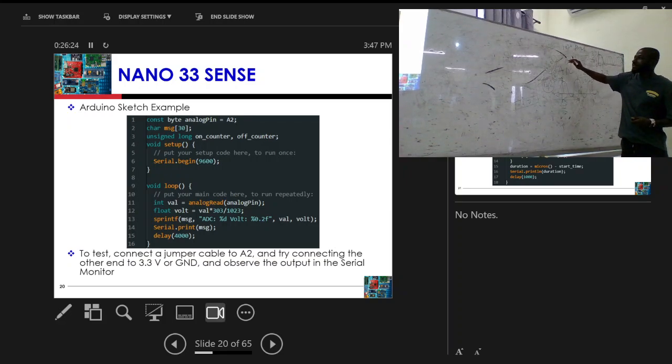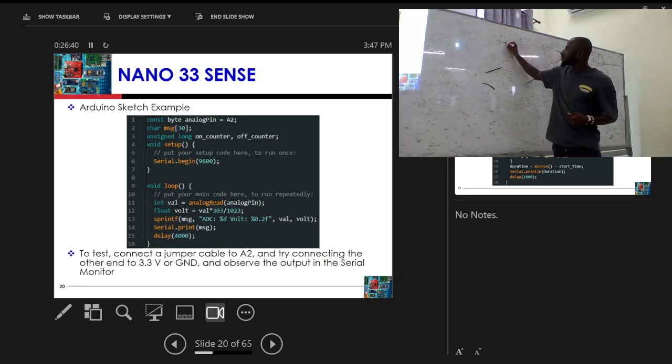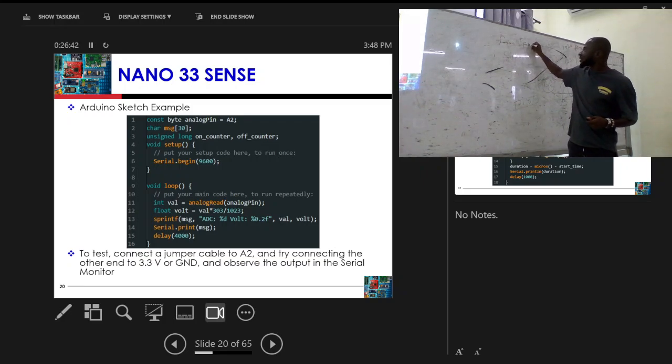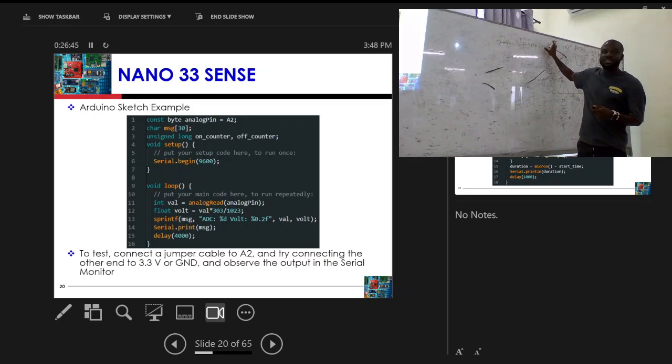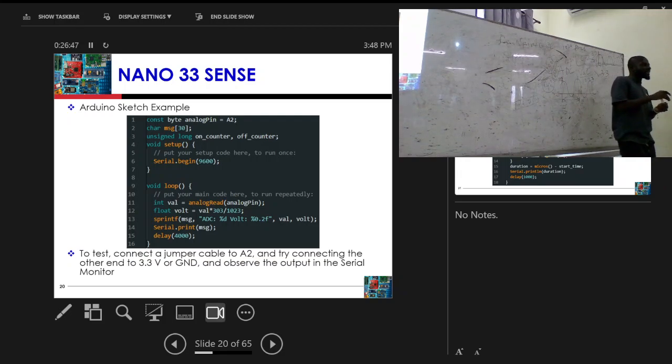If I use Serial.print and put something inside it, the most important thing is that I can only print one data type when I use Serial.print.